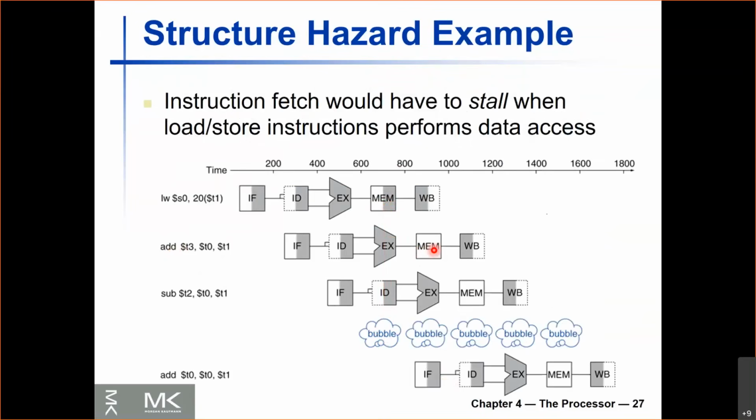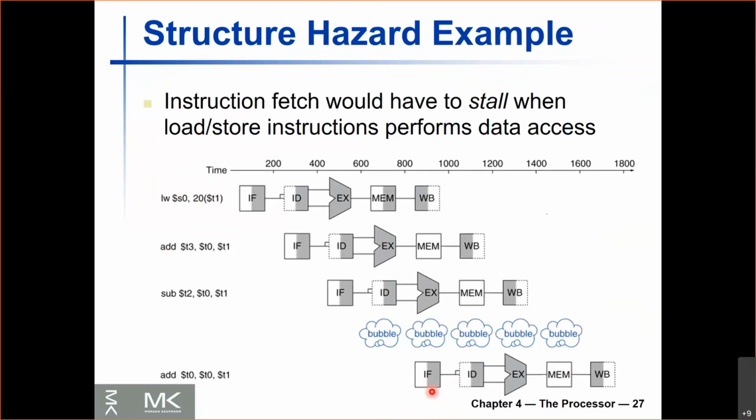So here I can then use the memory to do the instruction fetch. This is what would happen if the MIPS pipeline were to use the same memory structure to do both the instruction fetch and the data access.